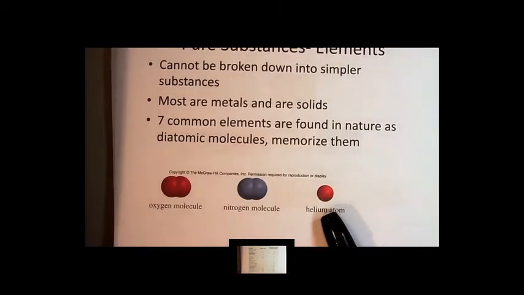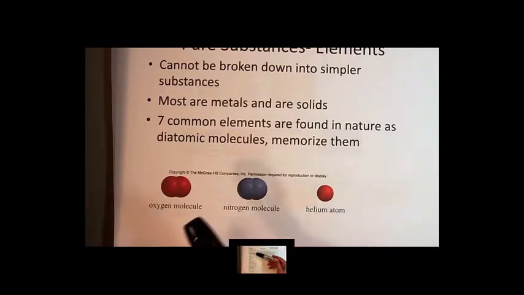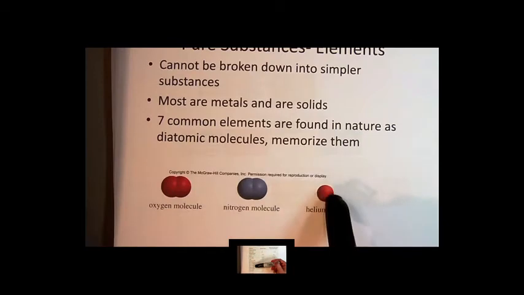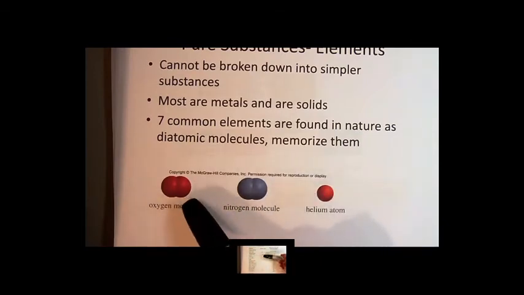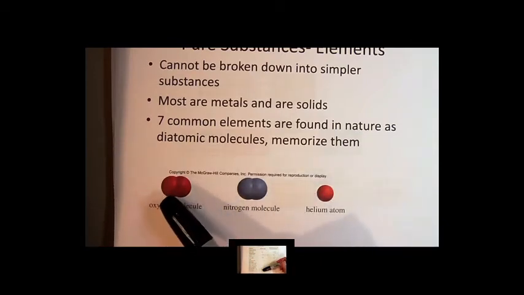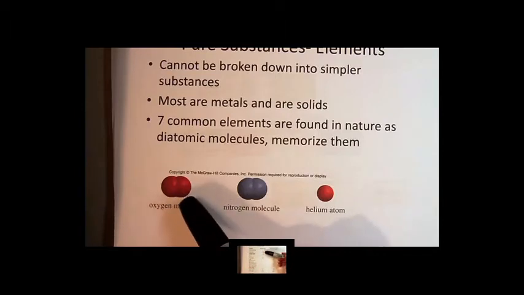The element helium can exist in nature as a single atom all by itself, as a stable substance. However, oxygen and nitrogen cannot exist as a single atom. Rather, they exist as what we call diatomic molecules, 2 atoms chemically combined.